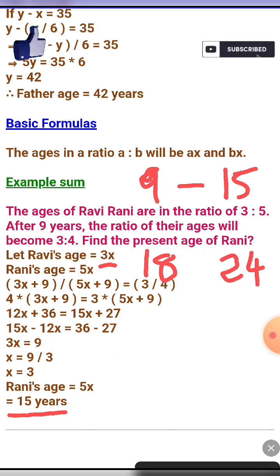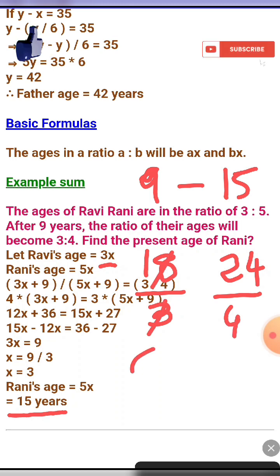Now the 3:4 ratio is available. Yes. How? 3 6s are 18, 4 6s are 24. Here x is equal to 3.